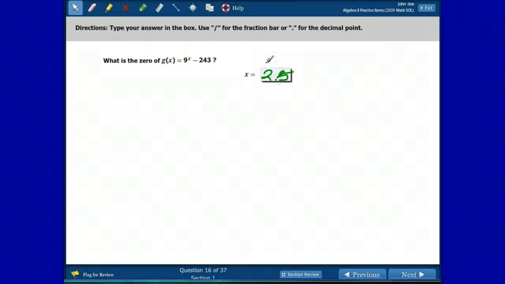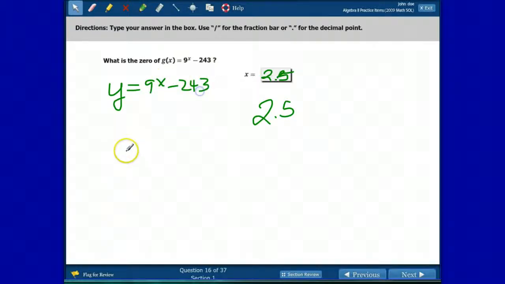Wow, well, my tablet's having some issues. 2.5. How could you do this otherwise? You could do the inverse. So if you had y is equal to 9 to the x minus 243, you could do the inverse, which is the log.